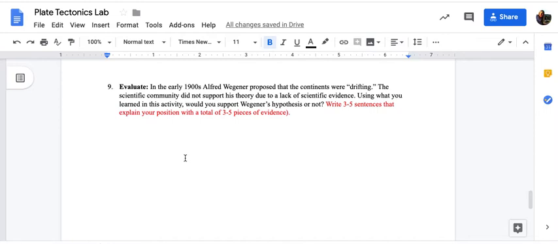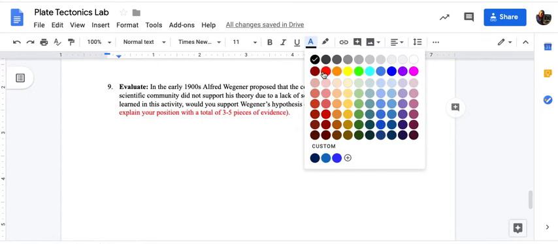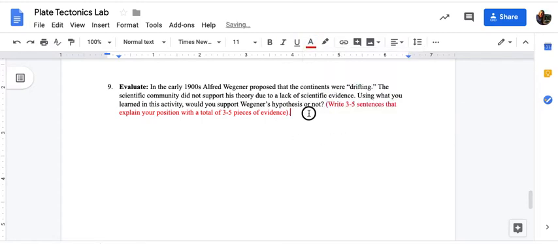Using what you've learned in this activity, would you support Wegener's hypothesis or not? And then I gave you here to write 3 to 5 sentences that would explain your position with a total of 3 to 5 pieces of evidence. And, you know, that will be plenty.